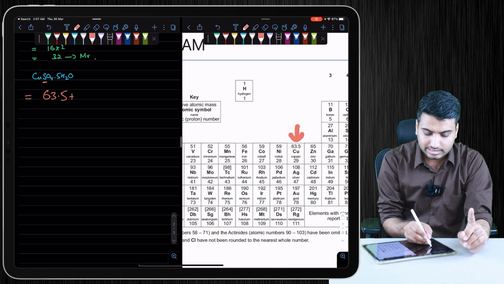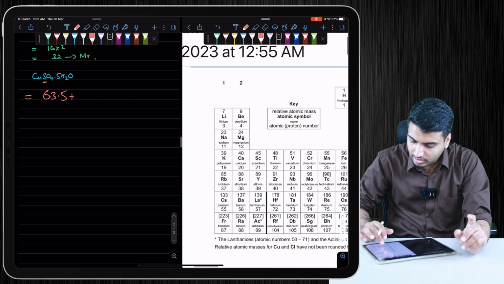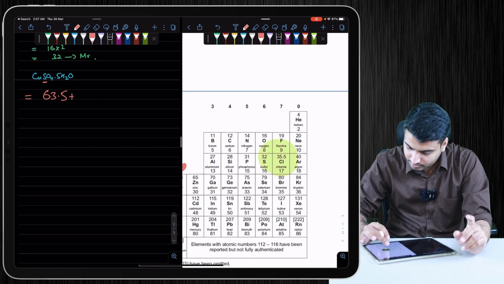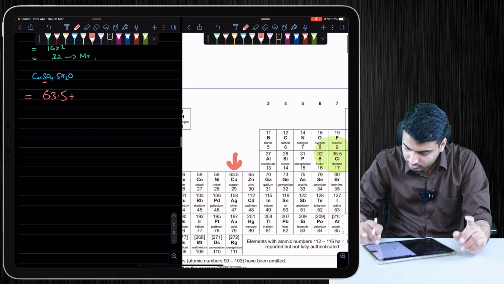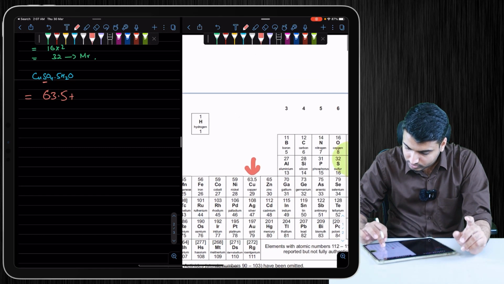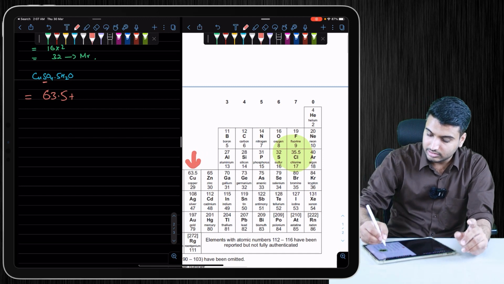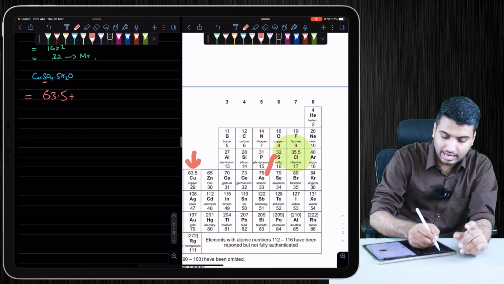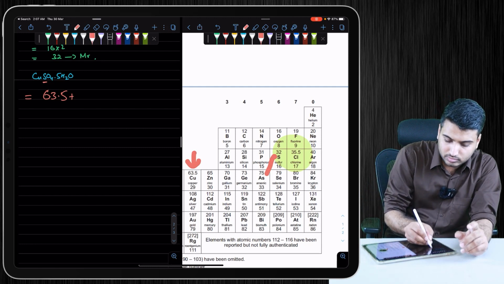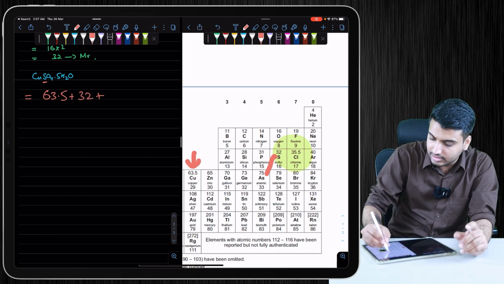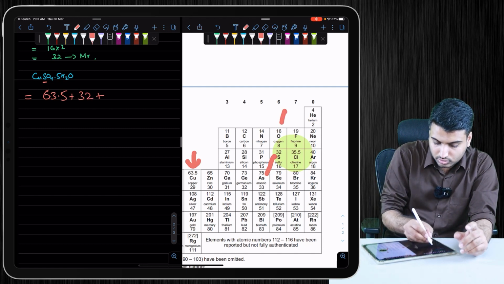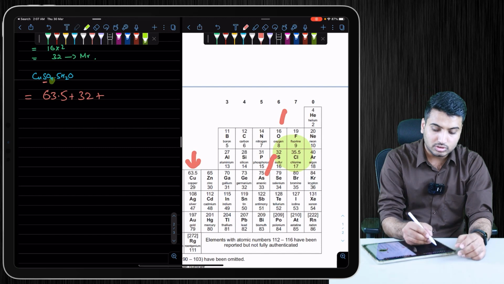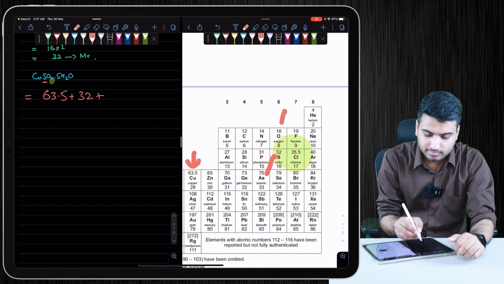So copper is 63.5 plus sulfur, and sulfur is in group 6, it is 32. So the atomic mass of sulfur is 32, and the atomic mass of oxygen is 16. As oxygen has 4 atoms, 16 must be multiplied by 4.